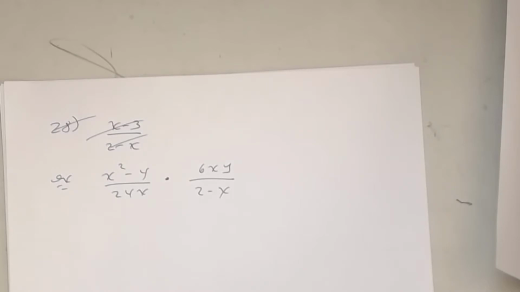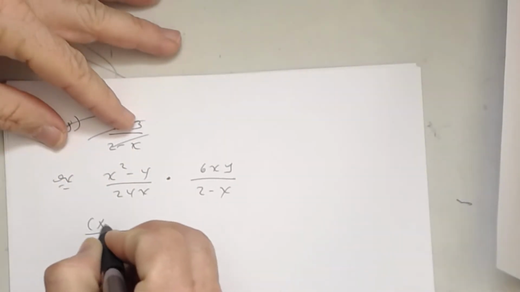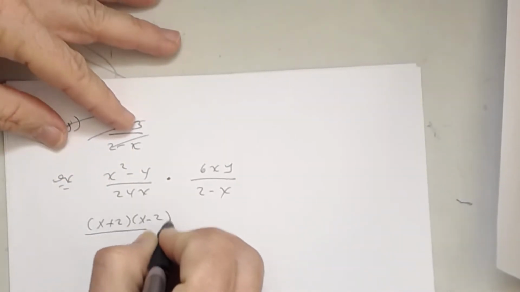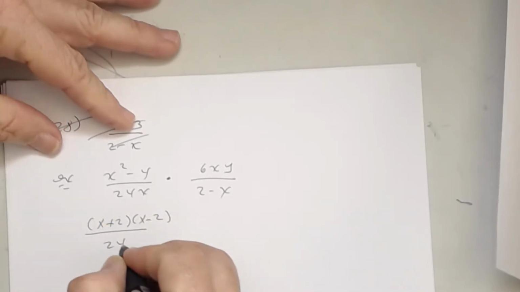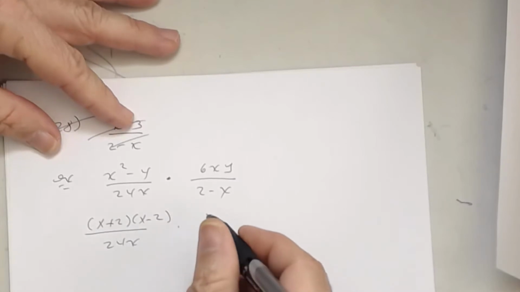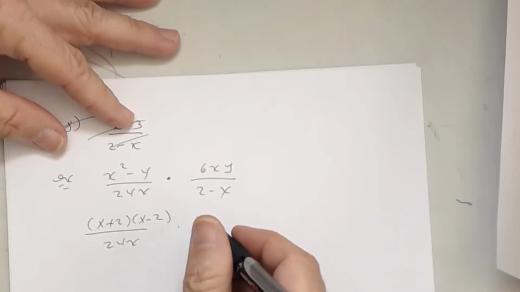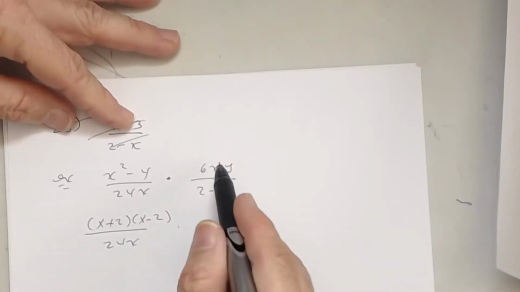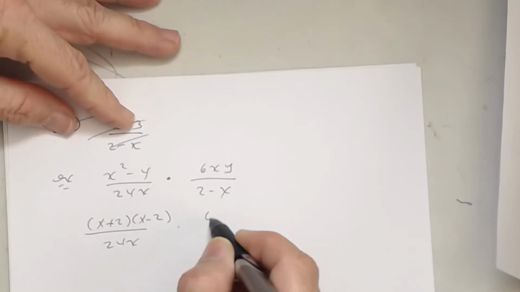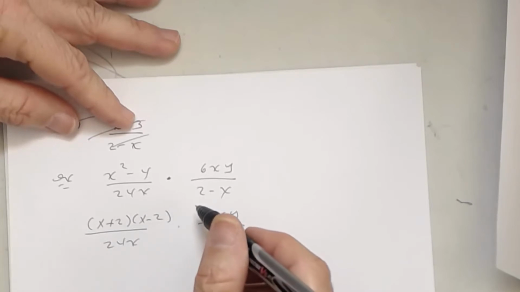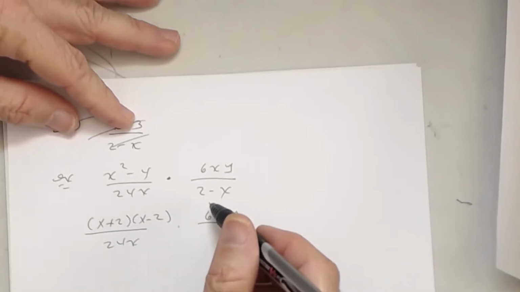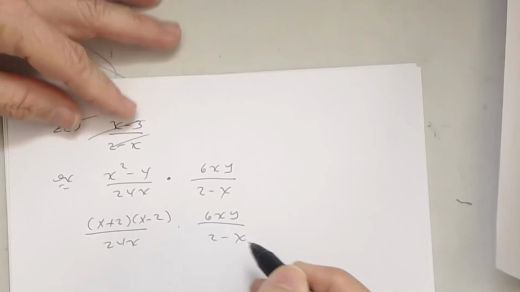That's a binomial, and it's the difference of two squares. So how do you factor that one? The denominator is a monomial. Leave it alone. Now let's go to the second rational expression. The numerator is a monomial. Leave it alone. Now this binomial, can I factor that one? No. 2 minus x. All right, so that's where I'm at.